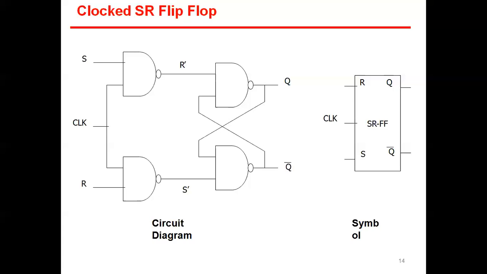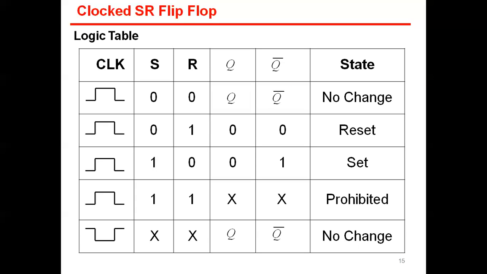Now the operations are going to be performed like 00, 01, 10, 11 and XX. While S R is 00, Qn equal to 0, Qn bar, there is no change. When the clock is high and S R is 0 1, it means R is 1, so you can say it is reset.